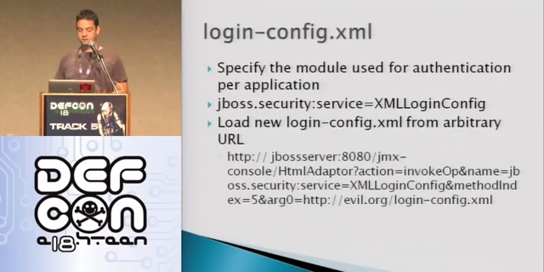This is one that I just thought was interesting. Login config is the config file that says how your different applications, including your web console and your JMX console, get authenticated. What's cool about this is that you can actually load a new login-config.xml from an arbitrary URL, including one that you control. So, just remove authentication if you want to, or change it, add new accounts, whatever you want to do.